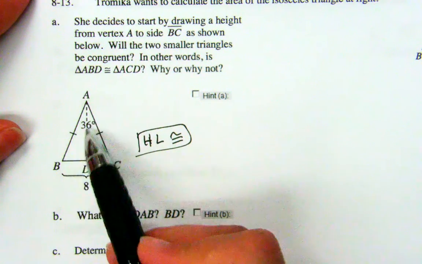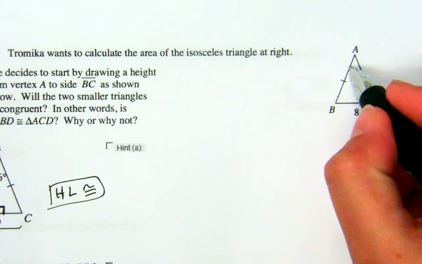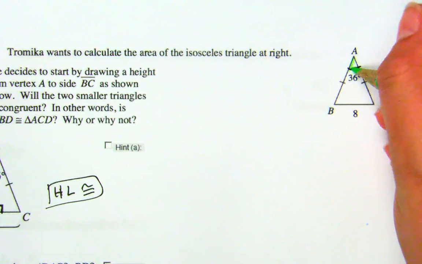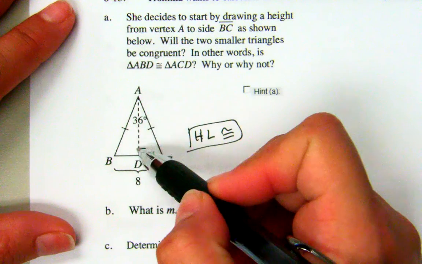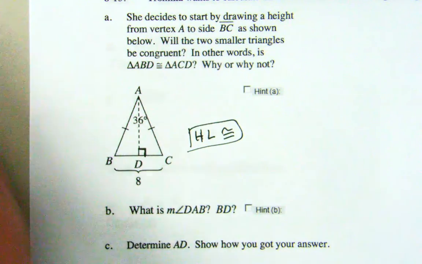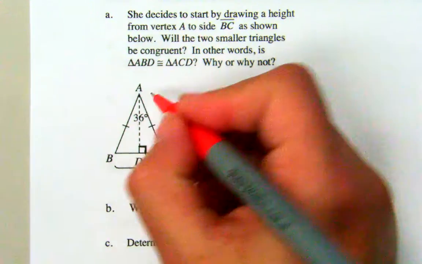Where's DAB? Oh, so if the whole angle up here is 36 degrees, basically they just dropped an altitude down, cutting both of these parts in half. So technically, half of 36, what is that, 18 and 18?